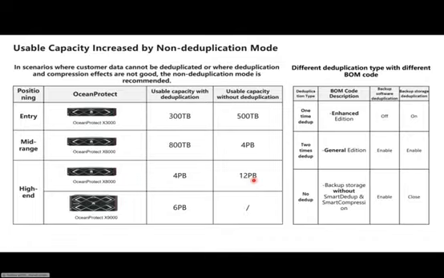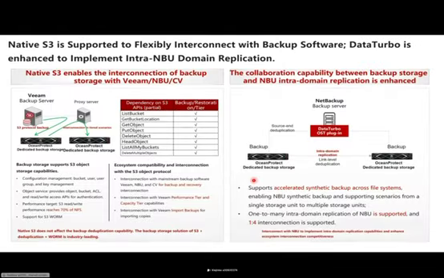So for the S3, as I mentioned, now with native S3, we can support integration with the mainstream backup software. Here we mainly focus on Veeam, because Veeam, this backup software, is always trying to guide their customers, their users, to use the S3 protocol.